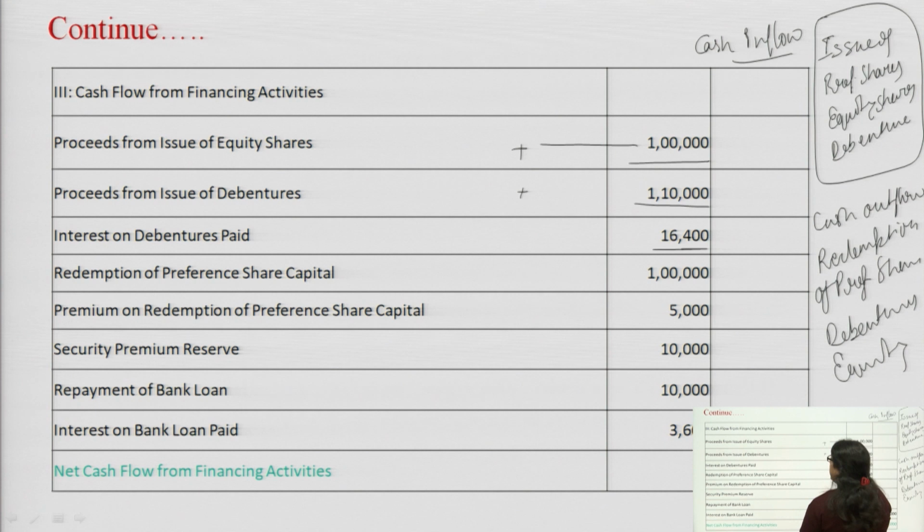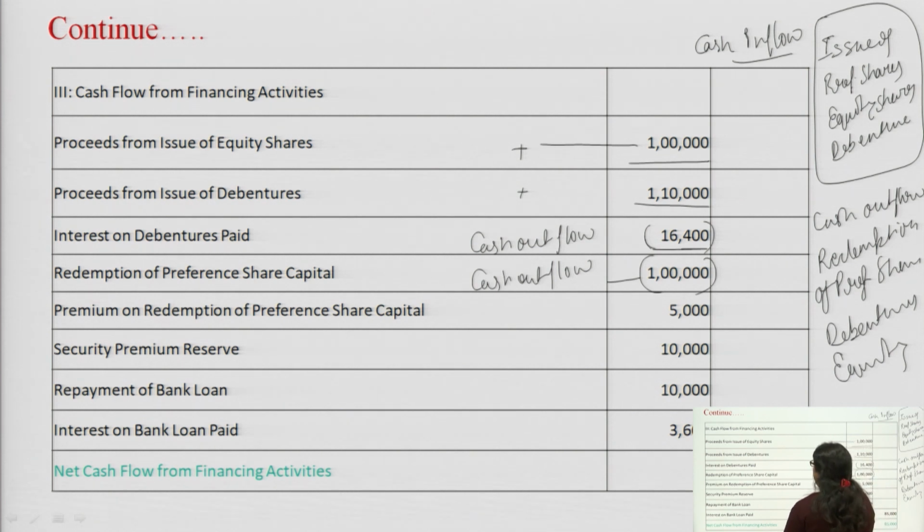It is a payment, so it is cash outflow. Redemption of the preference share was rupees 1 lakh, again this is cash outflow and we will consider it as a negative value.